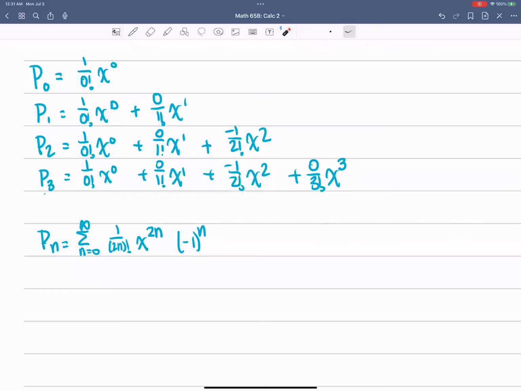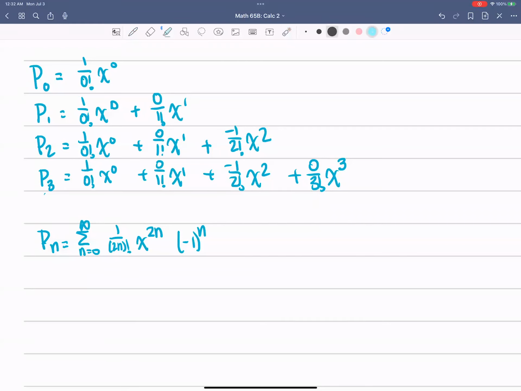Actually, no, the second term should be negative. So for 1, it's negative 1, we have 2 factorial, and x squared.